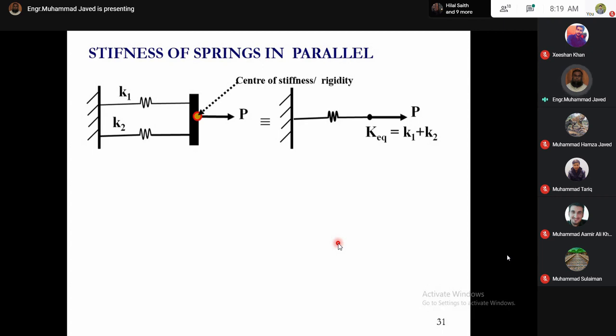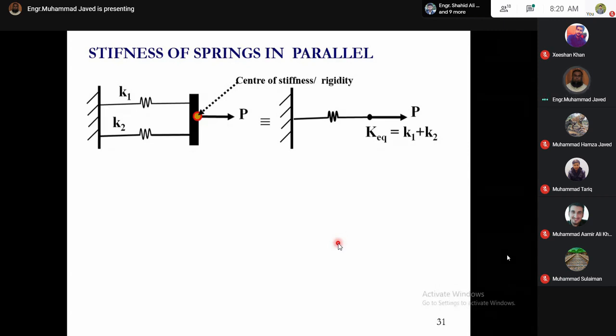And if we remove the force, the spring will come back to its original position, just like if a structural system is loaded. The columns undergo deformation and store strain energy. When you remove the force, if the stresses are within the elastic limit, the column will come back to its original position. Therefore, we can idealize structural members as springs.